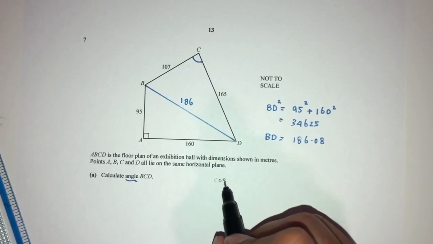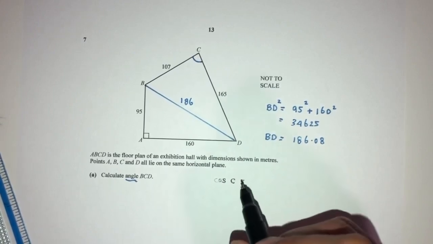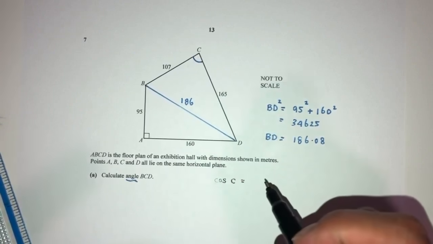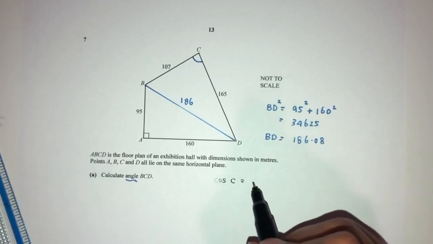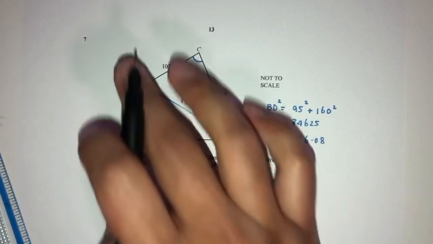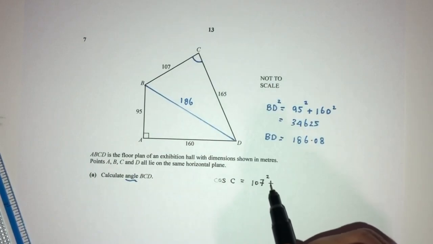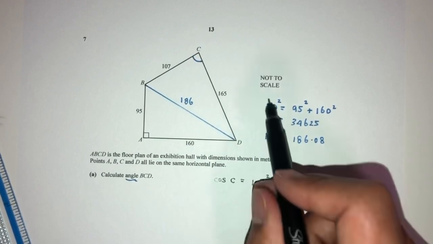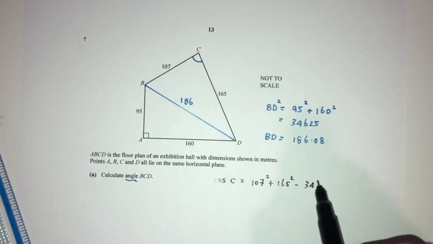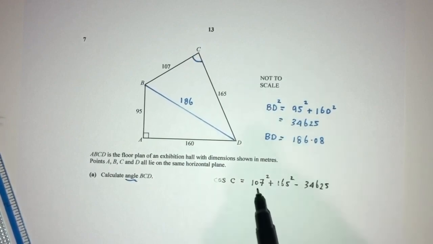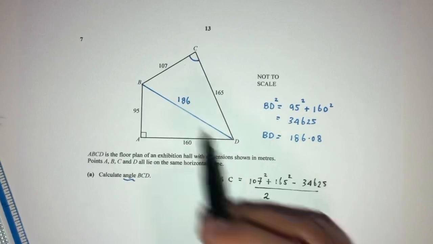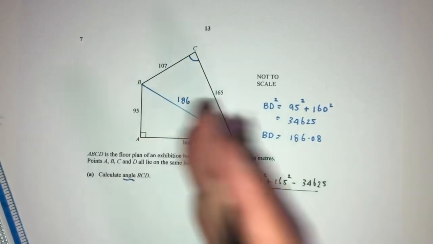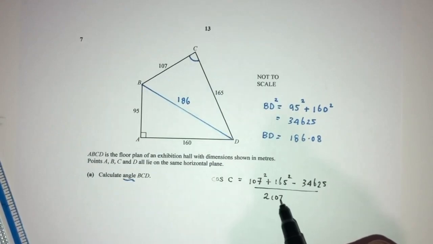So cosine of the angle C is equal to, again, this is a formula we have to know, the sum of the squares of these two sides, 107 and 165, minus the square of BD. Square of BD will be 34625, right? And then divide by 2 times the sides around the angle, 107 and 165.